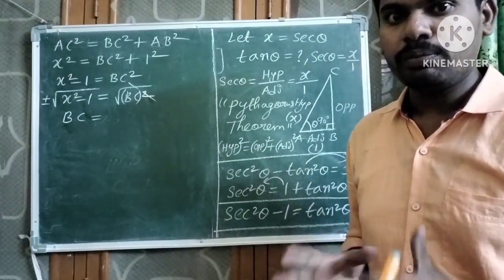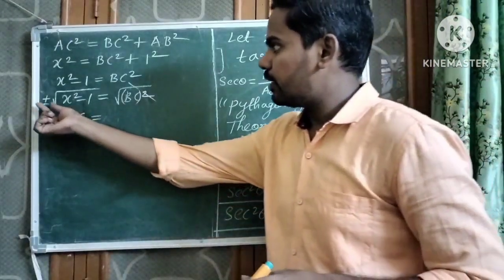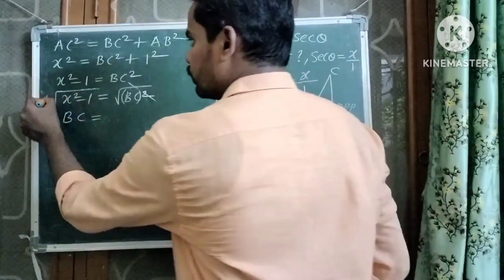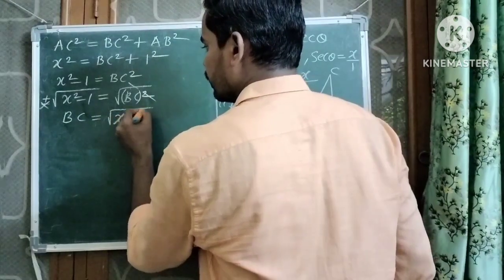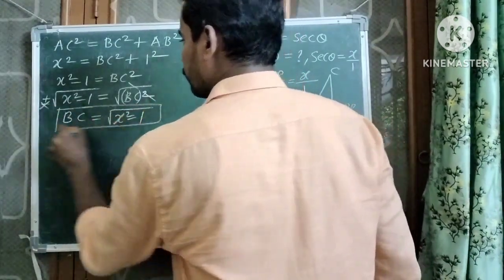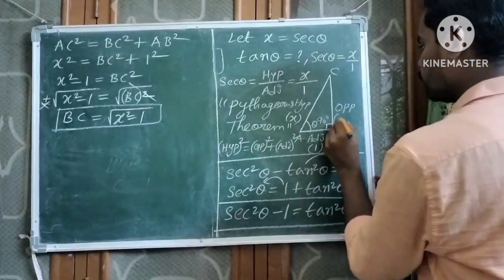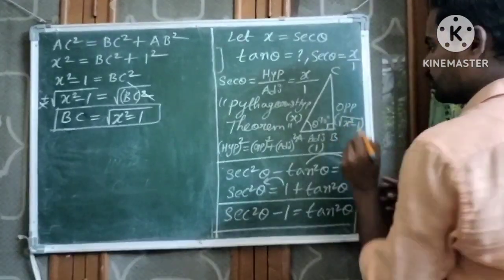Length is always positive. So that's why we consider only the positive sign and neglect the negative sign. So BC is equal to root over x square minus 1. Therefore the opposite side is root over x square minus 1 units.